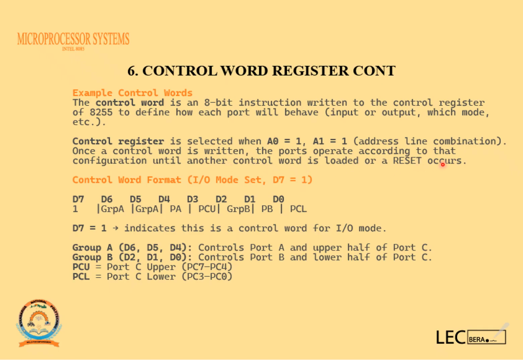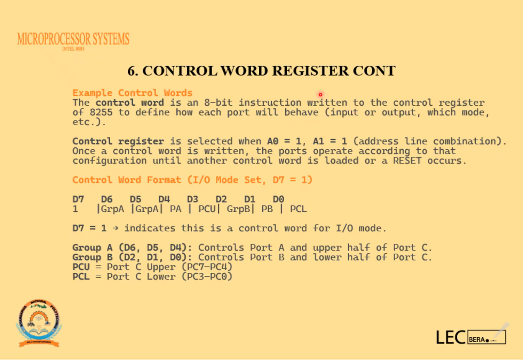You see, all the time the microprocessor is going to send data to the Intel 8255, and that data is going to go to one of the registers. We have a total of 4 registers. So we've seen the data which we can exchange at any given time is 8-bit data. That 8-bit data can go to one of the registers. Now if you want that data to go to port A, then A0 and A1 should be 00.